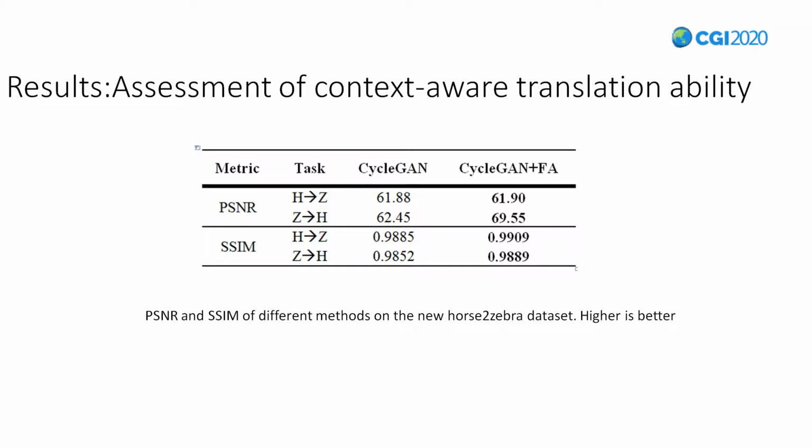It's obvious that CycleGAN+FA is superior to CycleGAN for horse to zebra and zebra to horse in both PSNR and SSIM, which indicates that the proposed FA module makes the translation network focus on domain-relevant regions, and thus achieves context-aware translation results.